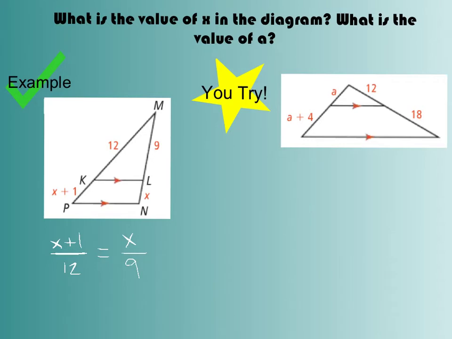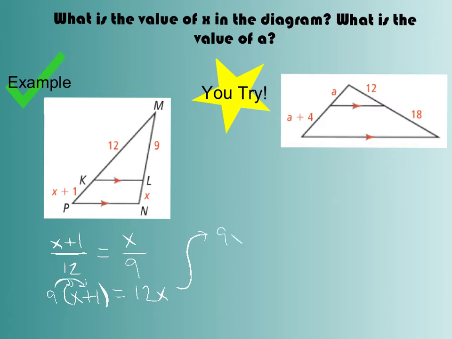And then I can go ahead and cross multiply. And when I do that, I get 9 times (x plus 1) equals x times 12. Oh, and I'm just going to write 12x because I can do that in my head real fast. 12x.